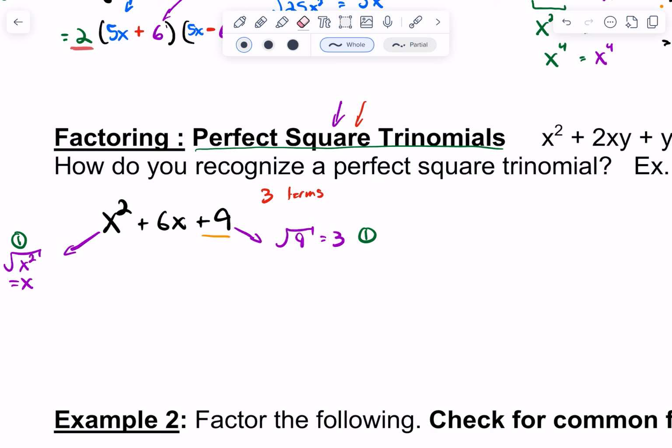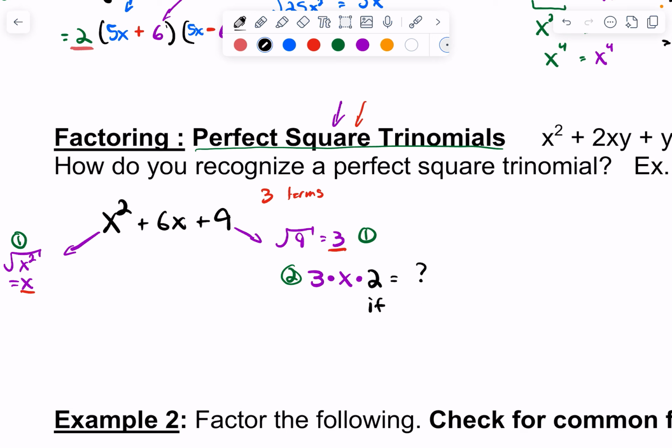The next thing that has to happen, the second step, is you have to take those square roots, so in this case it is a 3 and an x. If you take that 3 and multiply it by that x, and then multiply it by 2, what do you get?